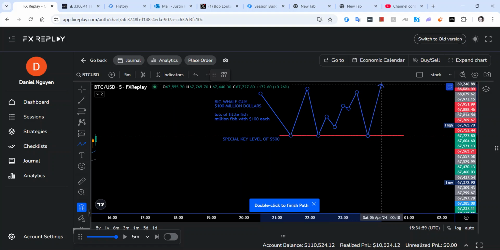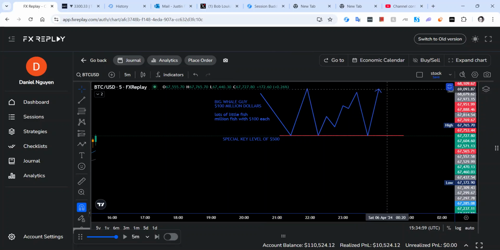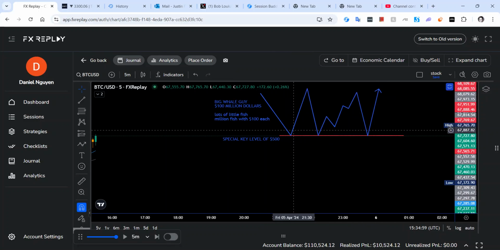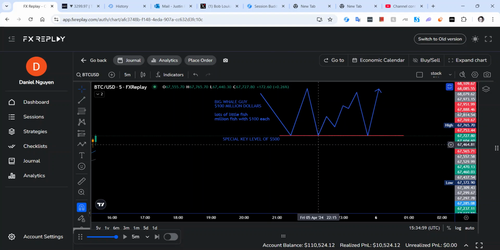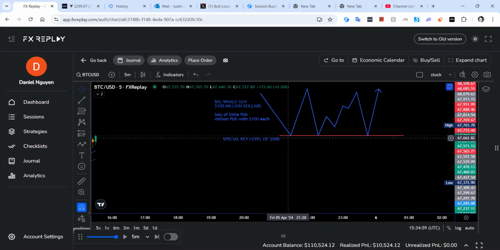And so what ends up happening in these trades is each time price comes down and makes this key area a support, people who are longing, little guys, big guys, everyone, need to have a stop. And they need to have a point at which their trade is invalidated.